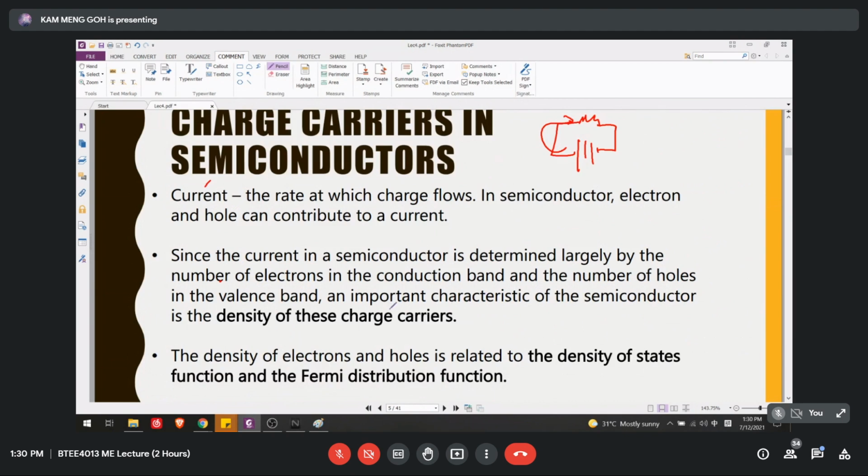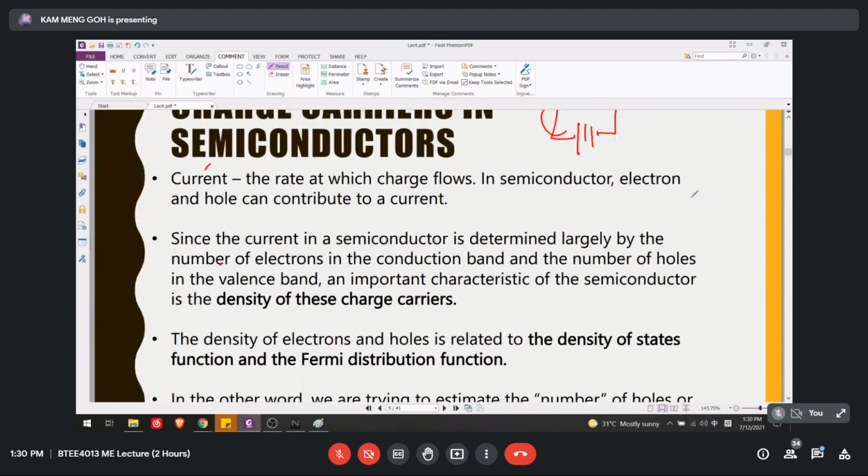So in order to know how many electrons are inside there, we need to calculate the density of the charge. Do you remember that last time we learned the density of states function? This one is the conduction band, valence band. We need to know what the density is so that we can know how many electrons can be occupied inside here.